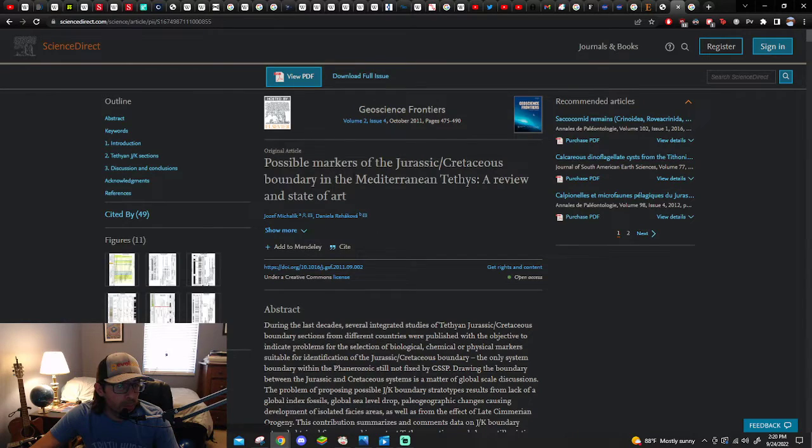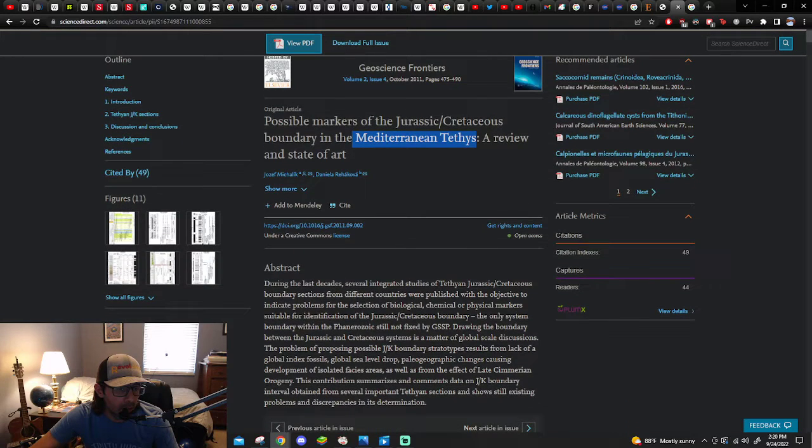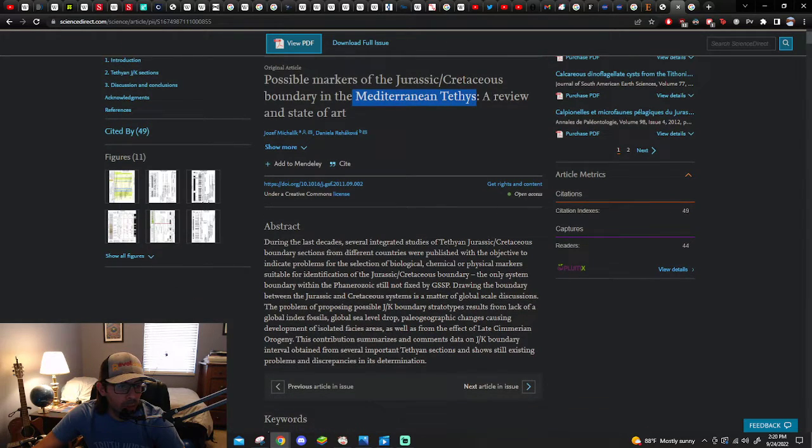In the Mediterranean, Tethys. During the last decades, several integrated studies of Tethyan Jurassic Cretaceous boundary sections from different countries were published with the objective to indicate problems for the selection of biological, chemical, or physical markers suitable for the identification of the boundary.